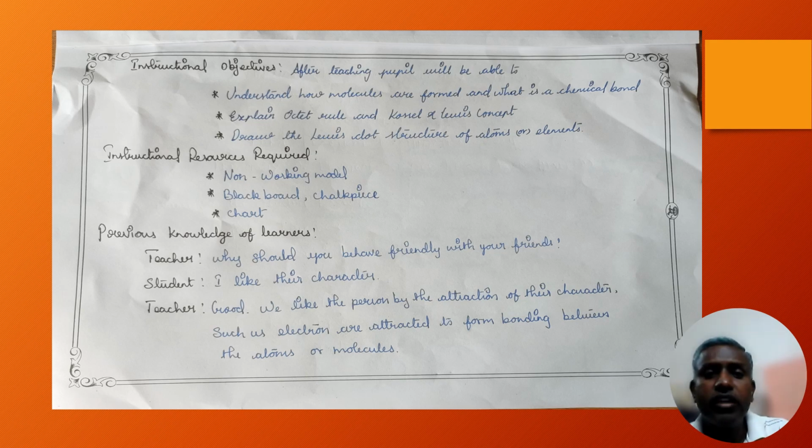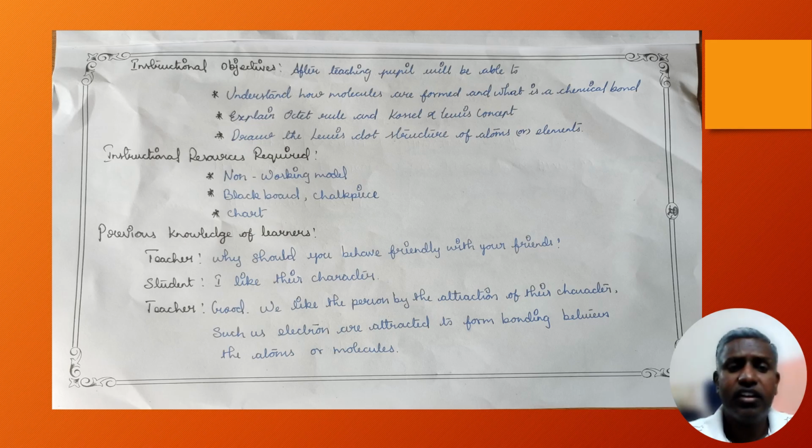Here I want to share an important tip: before writing the instructional objectives, we should mention a particular phrase like, after teaching, the students will be able to understand, explain, draw, or whatever the concepts are. While framing the objective, I already explained Bloom's taxonomy. With that, we have to write a brief objective related to our lesson plan.